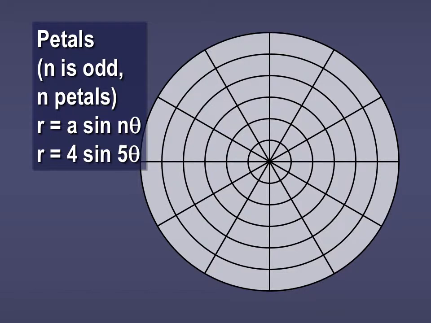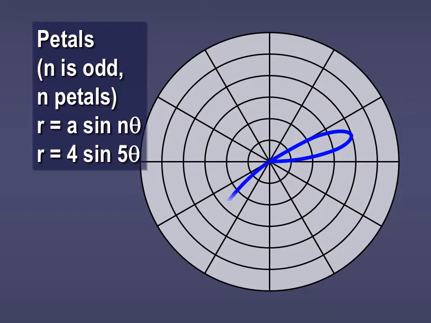So petals, we already talked about petals. So if it's odd, then you're going to have that many petals. Okay, so for example, let's look at sine. Okay, 4 sine 5 theta. So you're going to have 5 petals. Notice the a value though. That a value is going to tell you the distance from the origin.